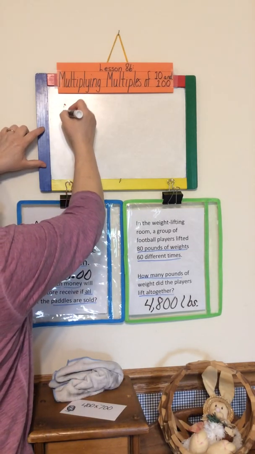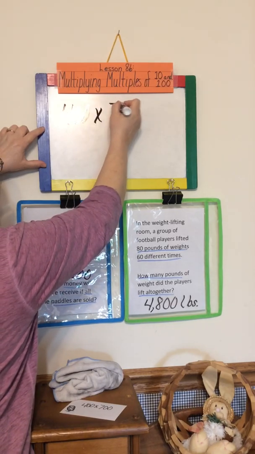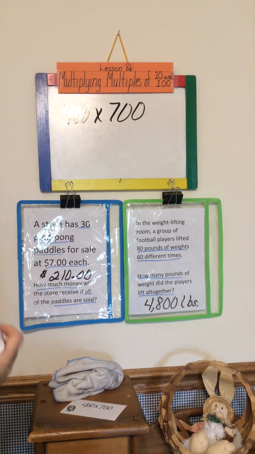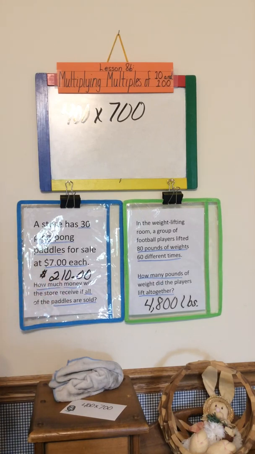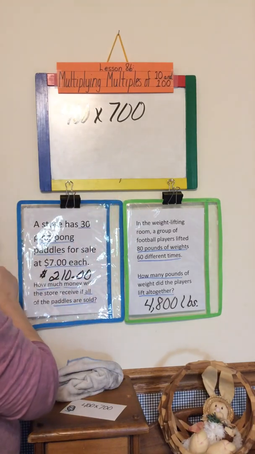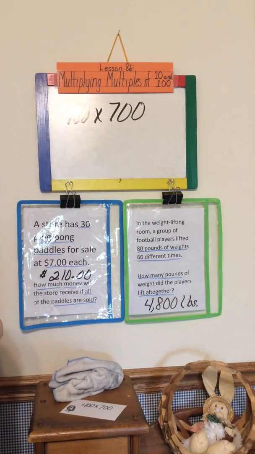You're going to say, wow, Mrs. Spike, this looks hard. It is, but learning how we did it today, we can do this in our head without even having to write something down. So we know there are 4 zeros. And we know that 4 times 7 is 28.